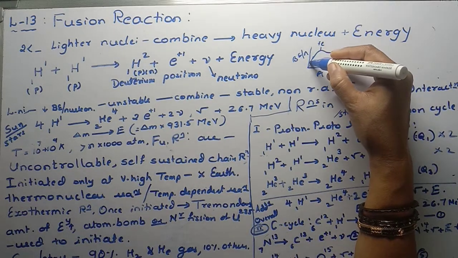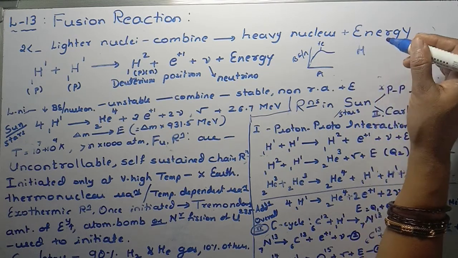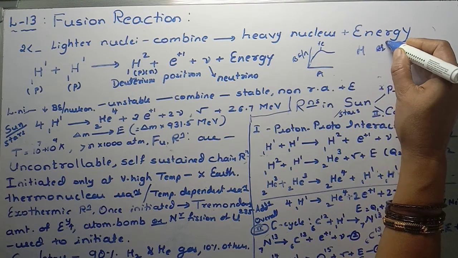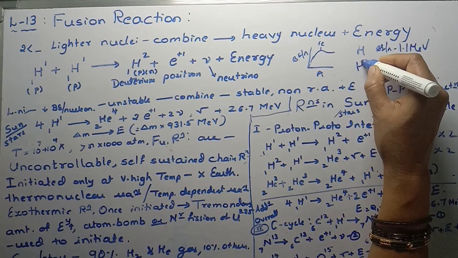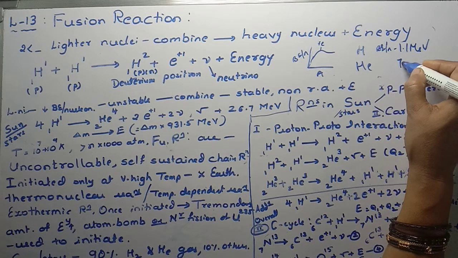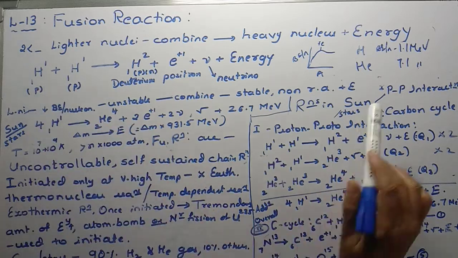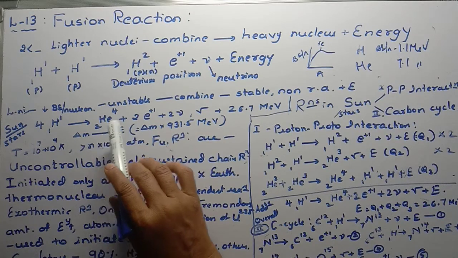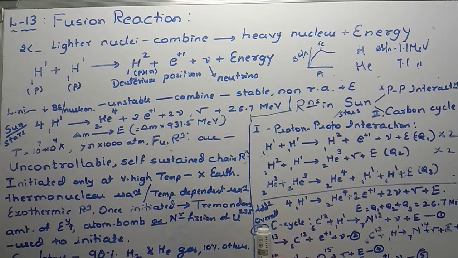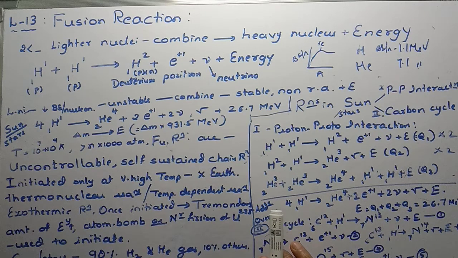Hydrogen's atomic number is 1, and its binding energy per nucleon is 1.1 mega electron volt, and that of helium is 7.1 mega electron volt. See here, the lighter element hydrogen has very low binding energy, and next to it is helium, which has 7.1 mega electron volt of energy.